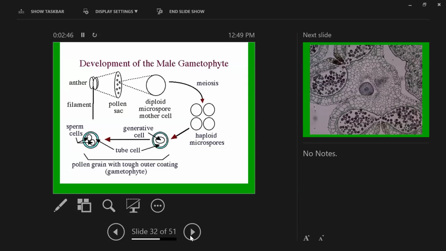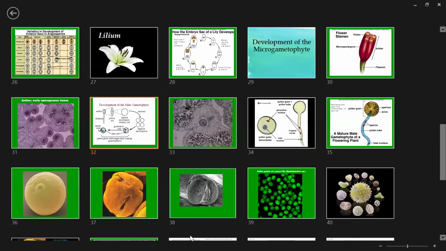There's only 2 cells, a generative cell and a tube cell. And then you'll have pollination occurring, transfer of pollen from the anther to the stigma. And then you'll have double fertilization. So now we have the case where both sperm participate.